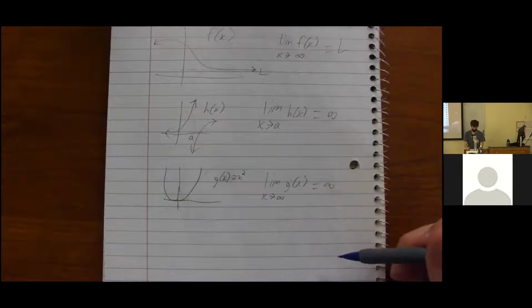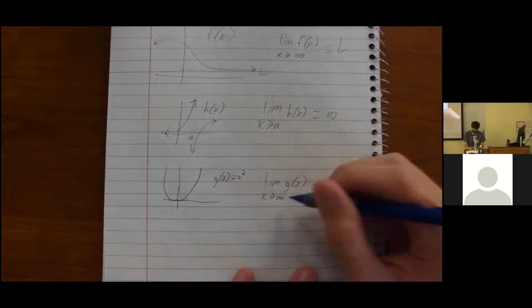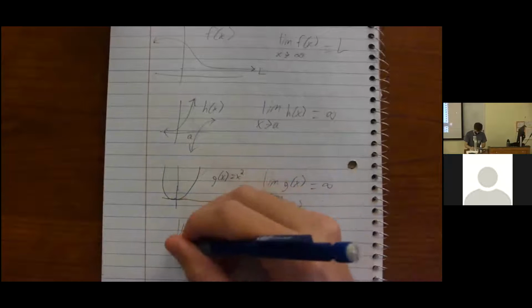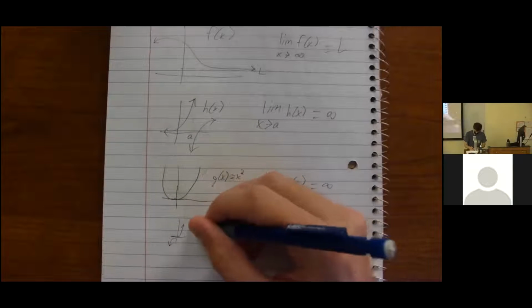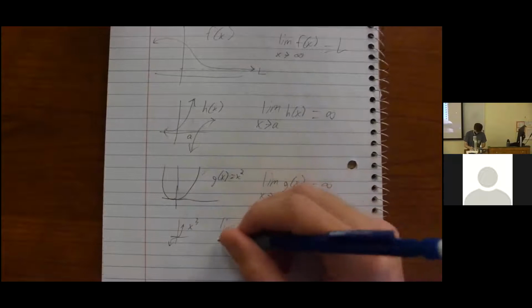Whereas as x goes to negative infinity, that might still be infinity, because it's going to go to positive infinity. Whereas for something like x cubed, as x goes to negative infinity, x cubed will be negative infinity, because it's going down.